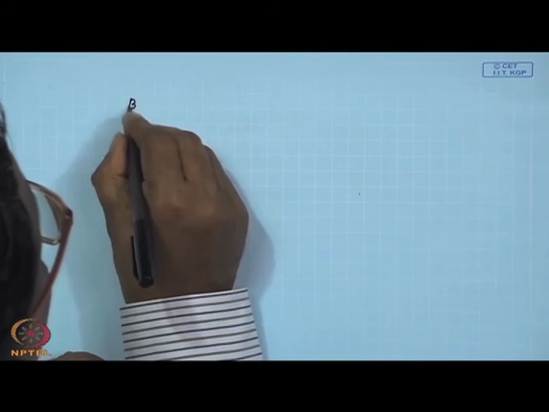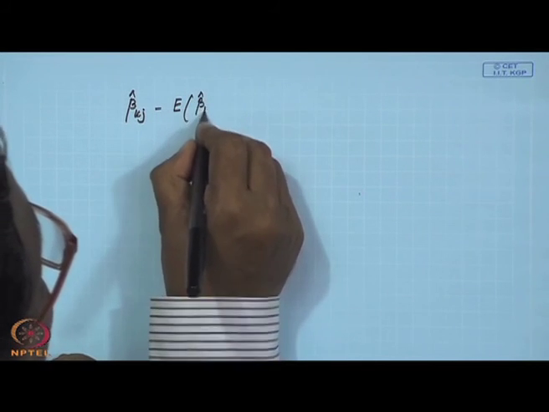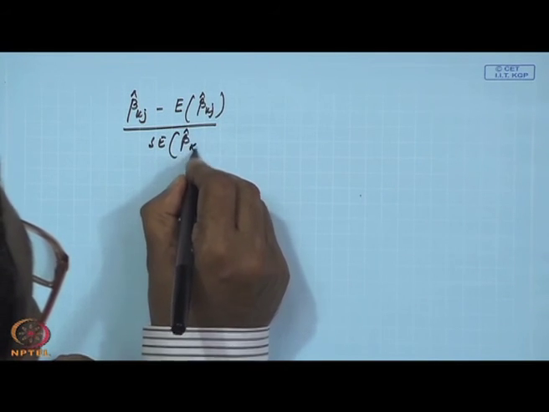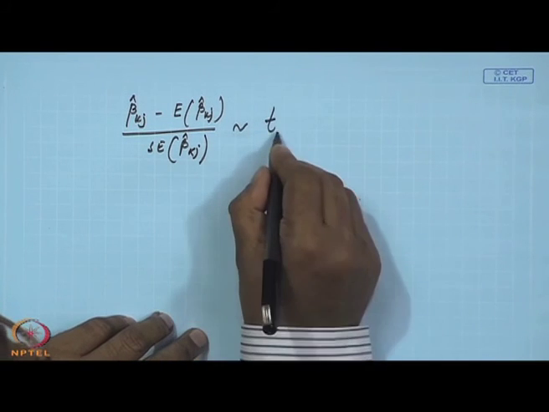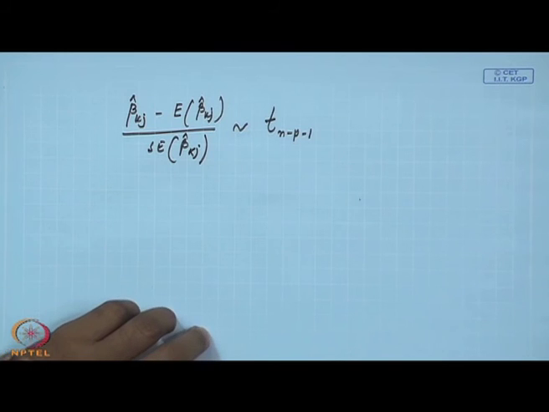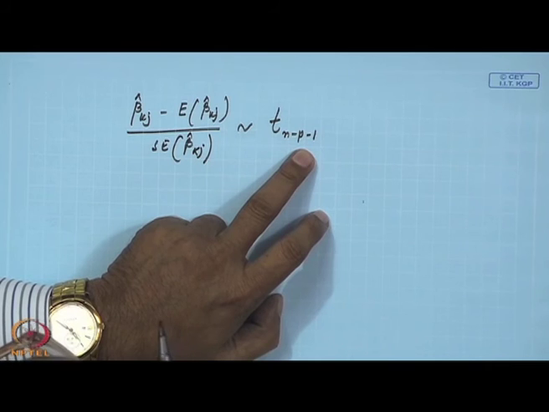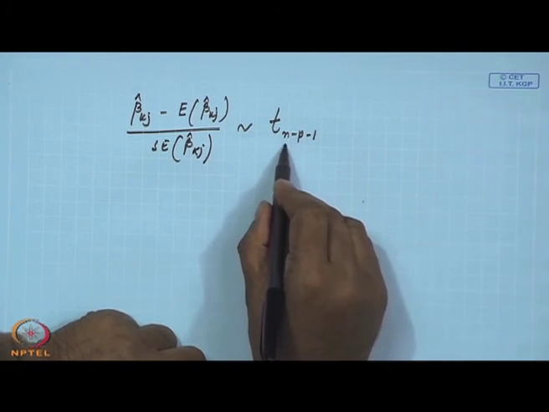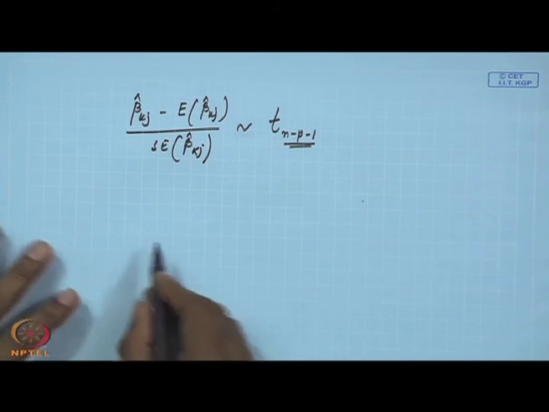We can write that beta kj cap minus expected value of beta kj, divided by the standard error of beta kj cap, these being estimates, follows a t distribution with n minus p minus 1 degrees of freedom. Here also the degrees of freedom is n minus p minus 1, as in the MLR case, because the x side remains the same.